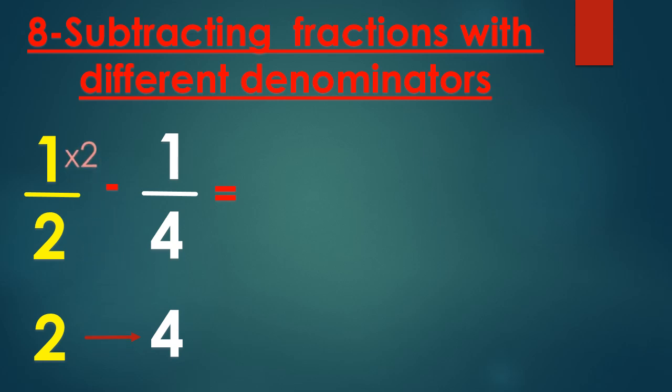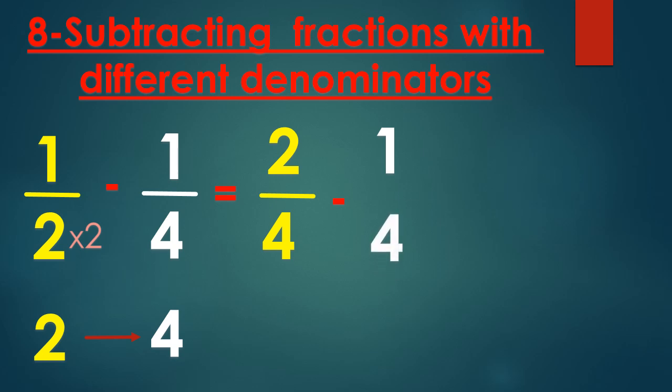So we multiply the whole fraction by 2. 1 times 2 is 2, and 2 times 2 is 4. The new fraction is 2 over 4 minus 1 over 4. Both have the same denominators now, which is 4. Then the answer is 1 over 4.